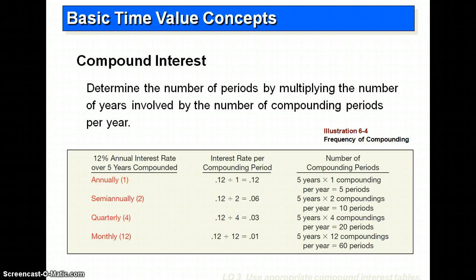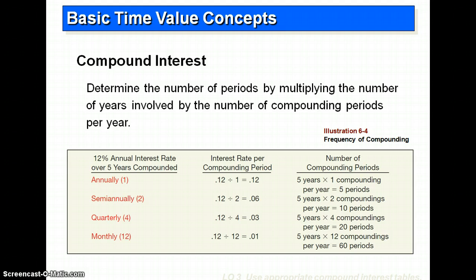I'm also going to include this information about compound interest. Some of the examples we will look at will just talk about interest compounding annually, so in this example, if it were compounded annually at 12% interest for 5 years, the interest rate would be 12 and the number of periods would be 5.